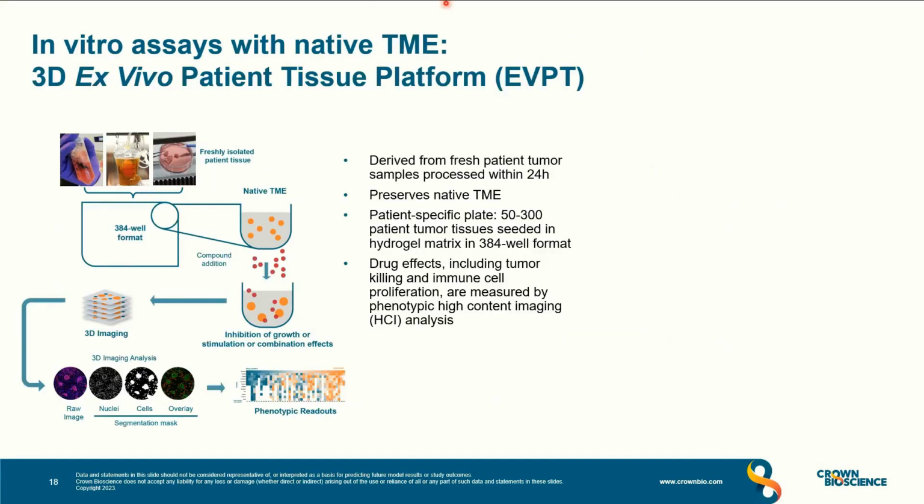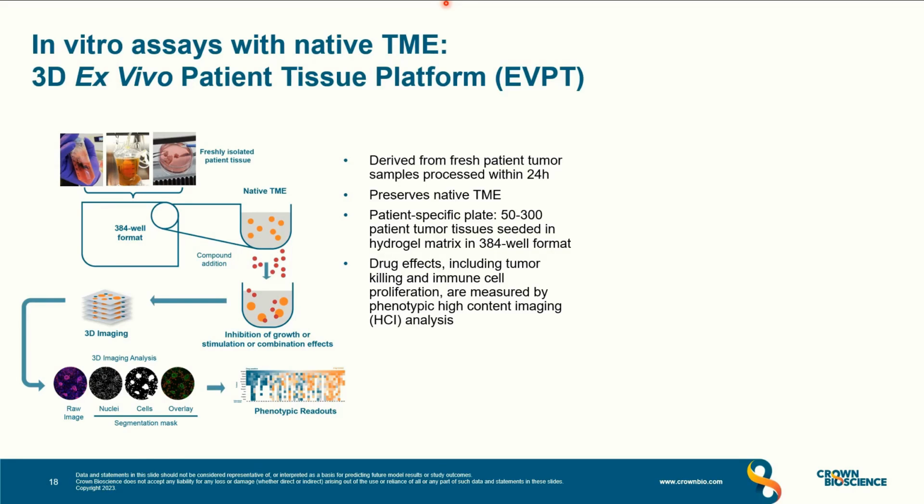At Crown Bio, we have our own method for performing native TME assays. It is called the ex vivo patient tissue platform. We process fresh tumor samples from resected material as well as from ascites and pleural fluids and generate tumor clusters of around 100 to 150 micrometers by gentle mechanical shearing.